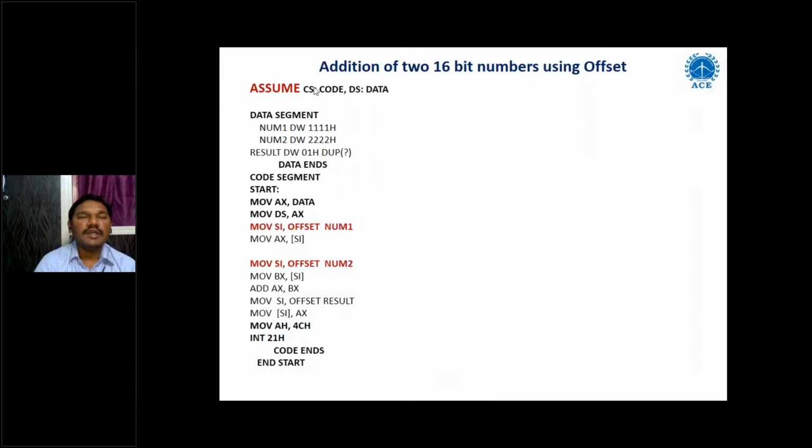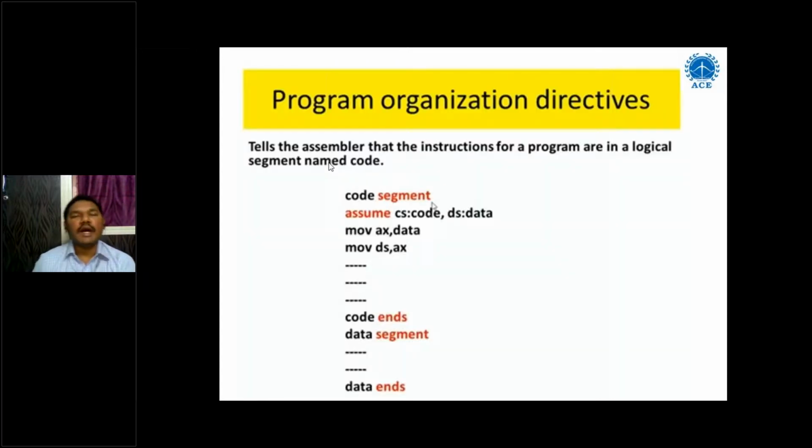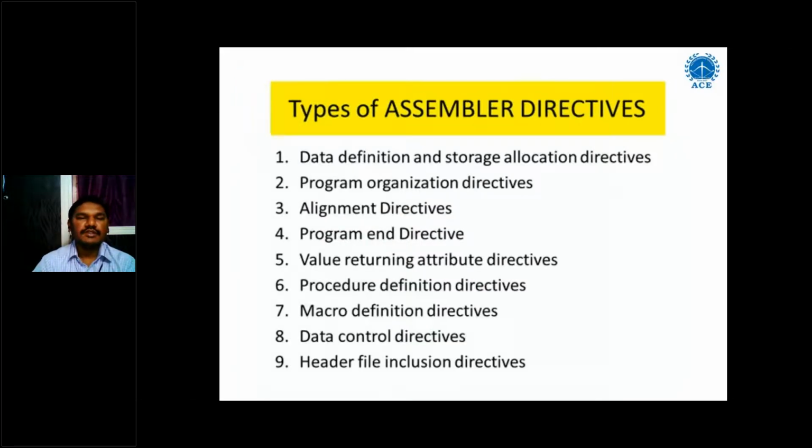The first line of the program is always the ASSUME statement. So ASSUME CS code, DS data. Here it is called data segment and data ENDS. The program organization directive tells the assembler that the instructions for a program are in a logical segment named code. Okay, that we have seen.